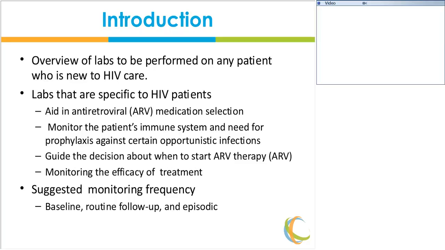We'll talk about how they're used to monitor the patient's immune system and need for both initiation and discontinuation of prophylactic medications for specific opportunistic infections. The guidelines for the prophylaxis of opportunistic infections will actually be the topic of our next webinar on August 5th, along with some information on immunizations for the HIV patients.